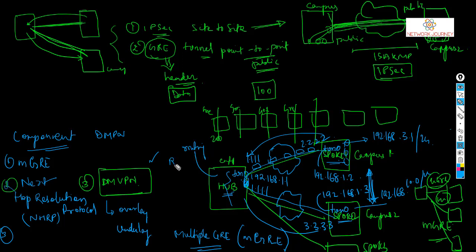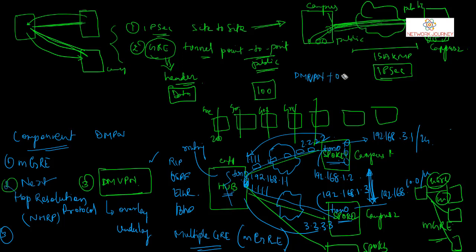Routing protocols like RIP, OSPF, EIGRP, BGP can all participate. In an enterprise that adopts DMVPN, it might be with OSPF, or some enterprises prefer DMVPN with EIGRP.